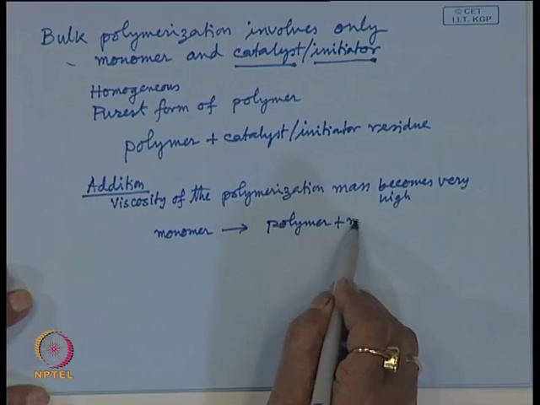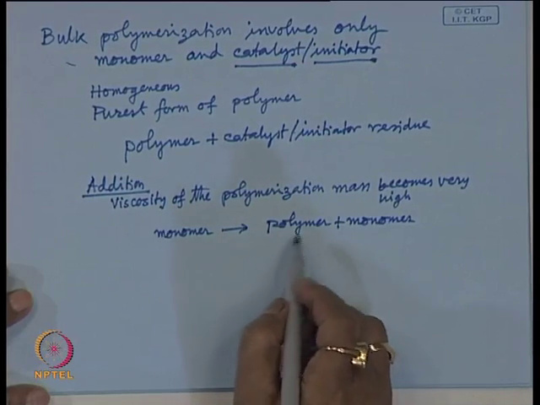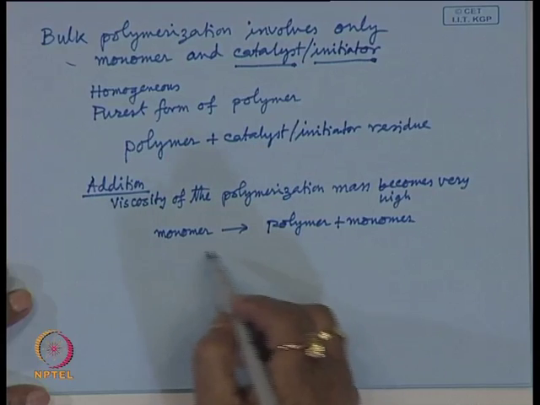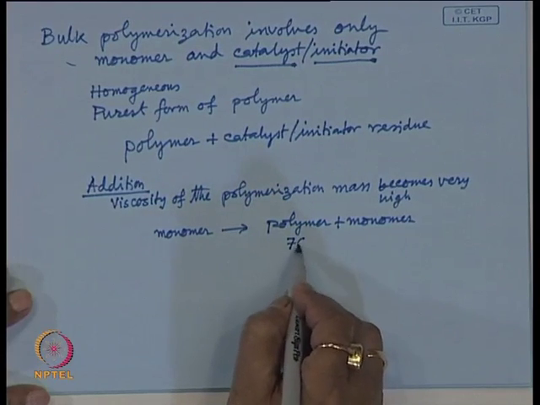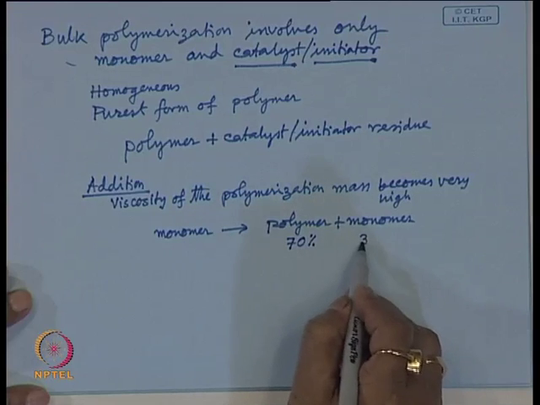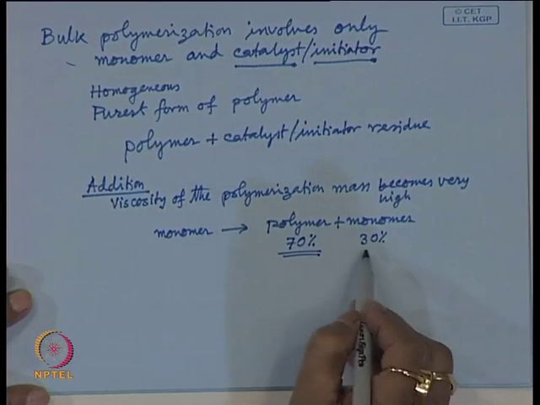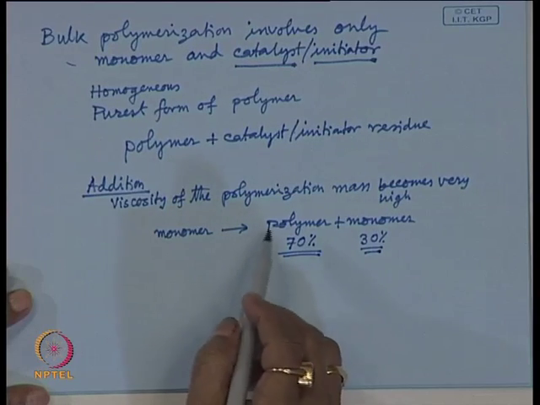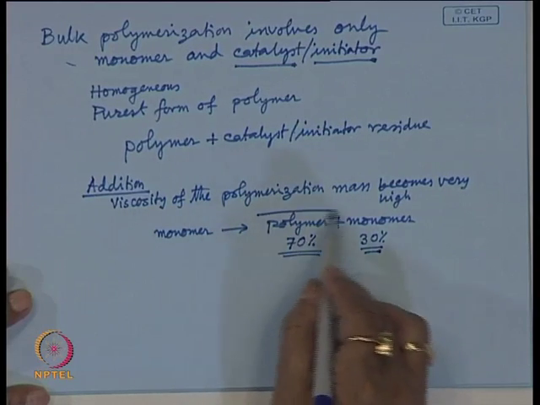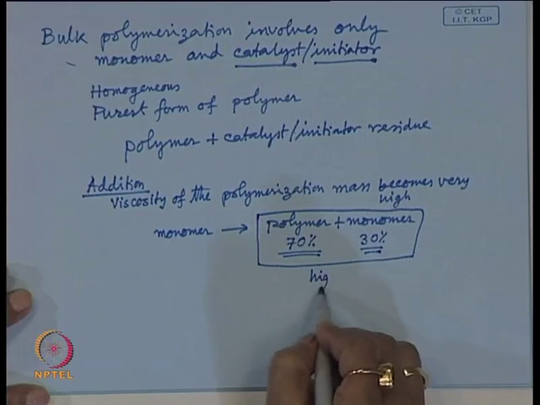Say if there is 70% conversion, there will be 70% polymer and 30% monomer. So, 70% polymer remains dissolved in 30% monomer. So, it gives a very viscous system.